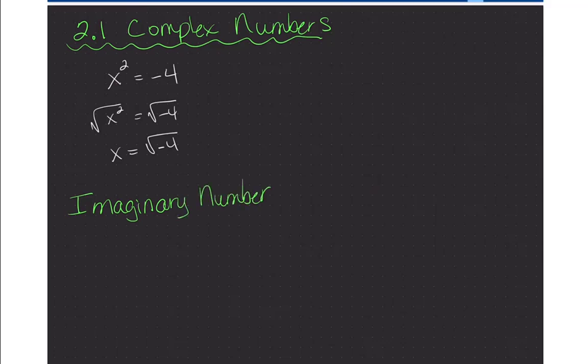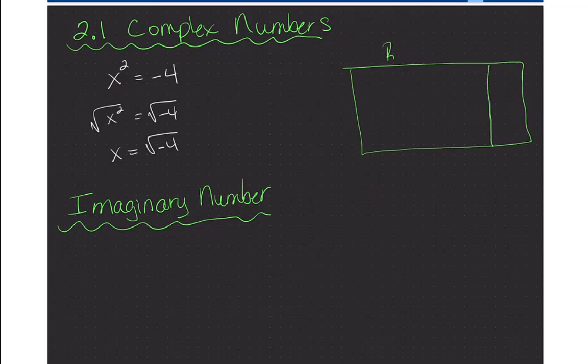And if we go back to the very beginning of the semester, we made a little table. We talked about the different types of numbers there were. We split it into two categories: real numbers and imaginary numbers. It literally looked like a box, and this was all of the real numbers and this was the imaginary numbers.